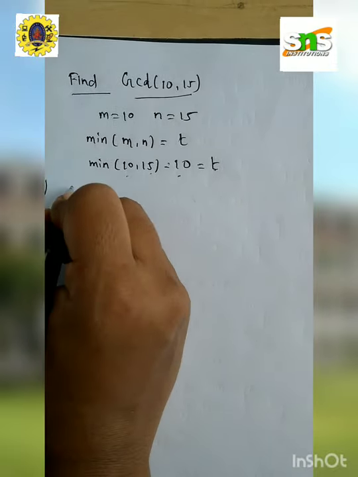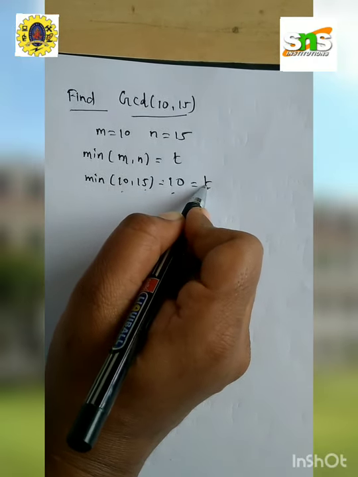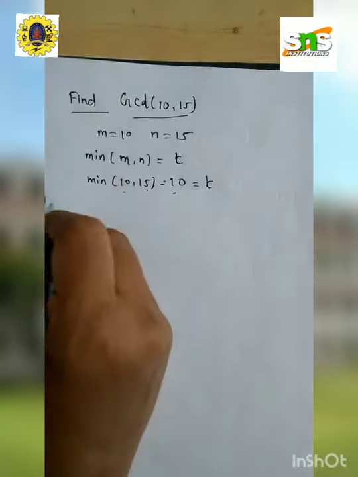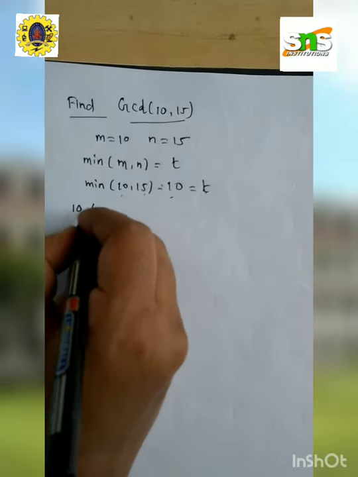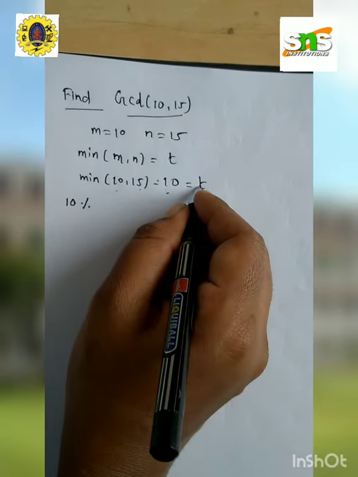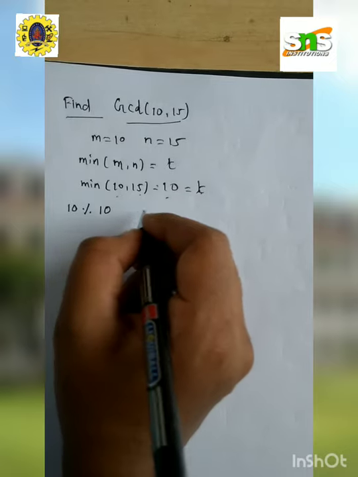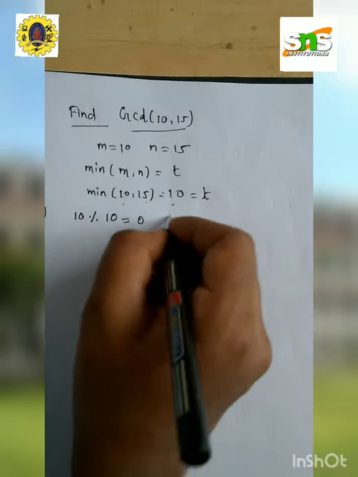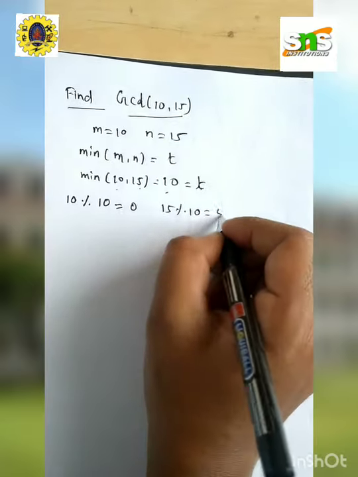Now start the process. First iteration: check t is greater than or equal to 1, condition true. Then 10 mod 10 equal to 0 and 15 mod 10 equal to 5.